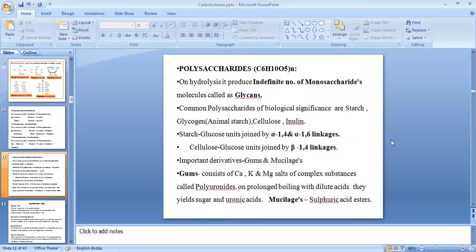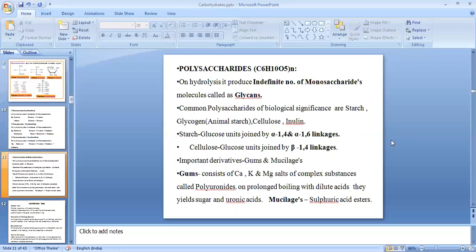That is why, when you do the chemical tests in your practical, you will be doing tests for acacia, tragacanth, and agar. You will find the difference between gums and mucilage by a chemical test, the treatment with barium chloride after hydrolysis. In the case of mucilage, it gives a white precipitate because of the liberation of sulfuric acid on hydrolysis.